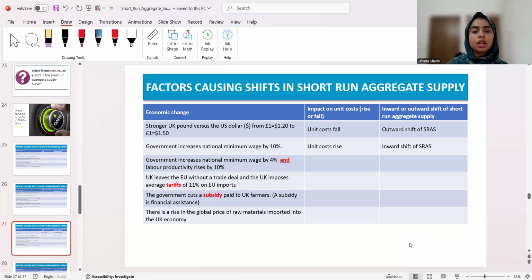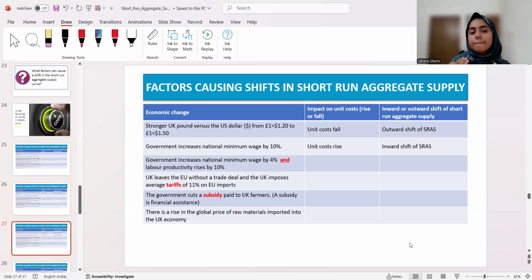Then another one: government increases the national minimum wage by 4% and labor productivity rises by 10%. So these are two events occurring together. The government increasing the national minimum wage means again the cost of operation of businesses is increasing, because they have to pay higher wages. At the same time, labor productivity rises 10%. Labor productivity rising means cost of production will decrease because per unit output is increasing, right?